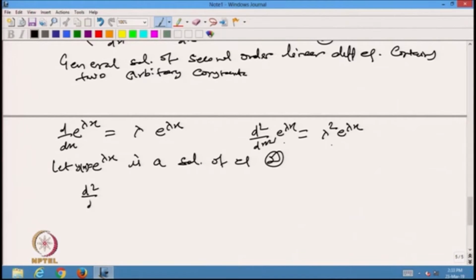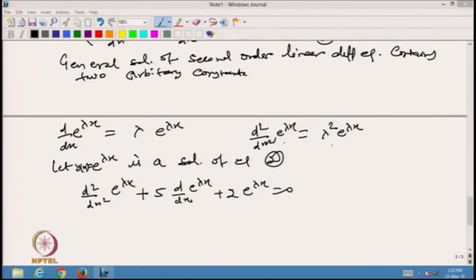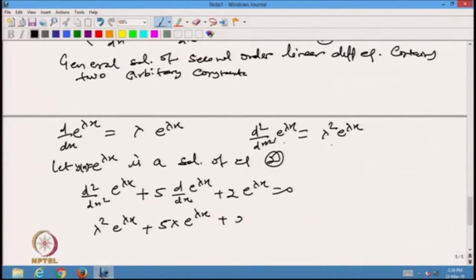I should have d square over dx square of e lambda x plus 5 d by dx of e lambda x plus 2 e lambda x equal to 0. Taking the derivative 2 times, it will be lambda square e lambda x plus 5 lambda e lambda x plus 2 e lambda x equal to 0.